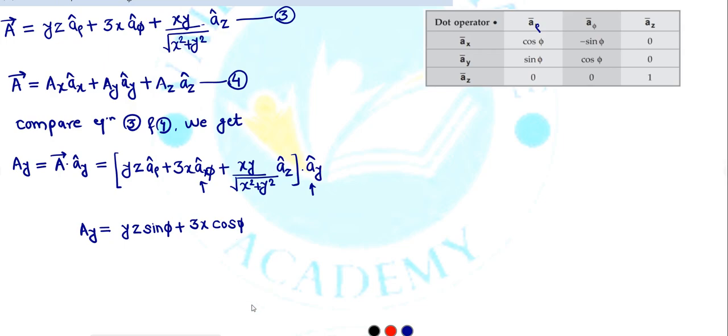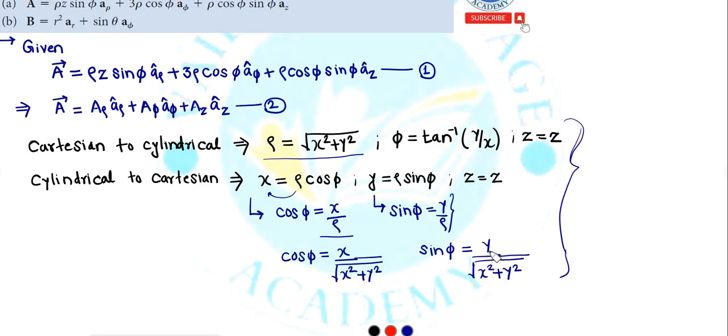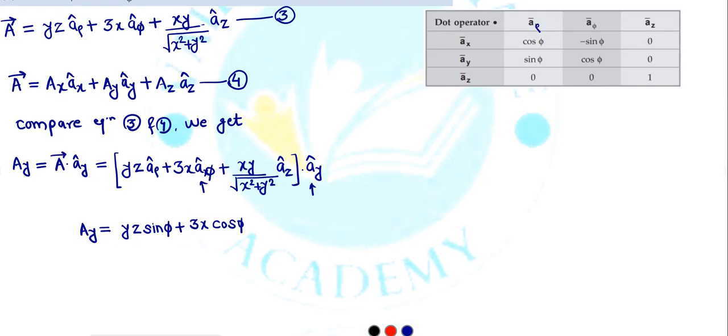Now you can make use of this earlier slide where we have that sine phi to be what? Sine phi is y upon square root of x square plus y square, and that cos phi is x upon square root of x square plus y square. So put those values over here.